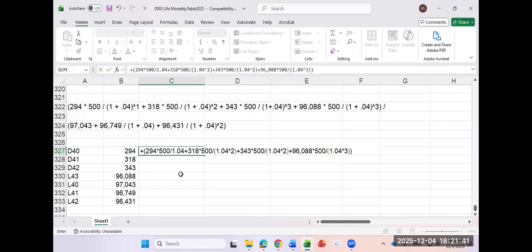So there's the numerator and then the denominator, 97,043 plus 96,749 divided by 1.04 plus 96,431 divided by 1.04 raised to the second. The calculator thinks I did something wrong. It's probably a parentheses issue.